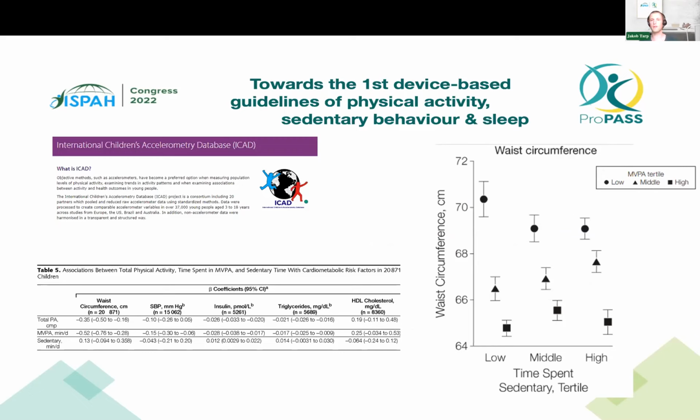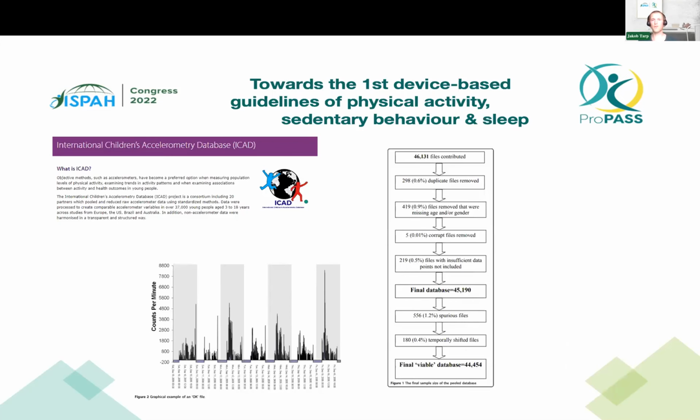But the real strong point of this analysis was that the sample size was large enough to create these 9 combinations of physical activity and sedentary time to show how these factors collectively influence, in this instance, waist circumference in kids. So this was a truly novel innovation and really set the stage for these harmonization projects.